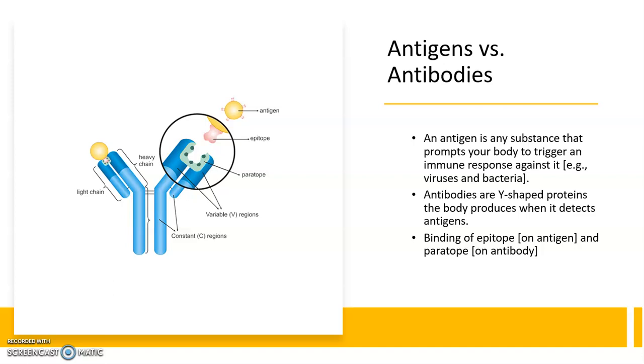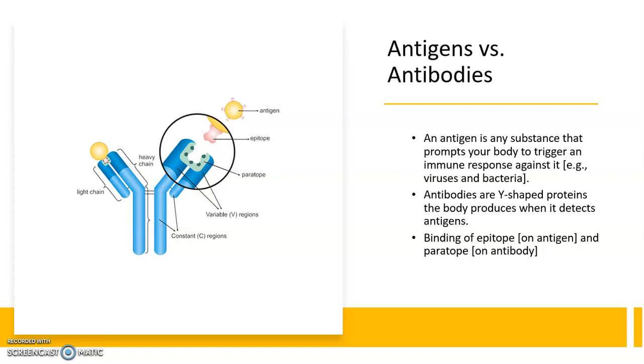So antigens are present on the pathogens. Antibodies are what our body makes in response to those antigens to fight them off. An antigen is really any substance that your body considers a foreign marker to which it will mount an immune response.